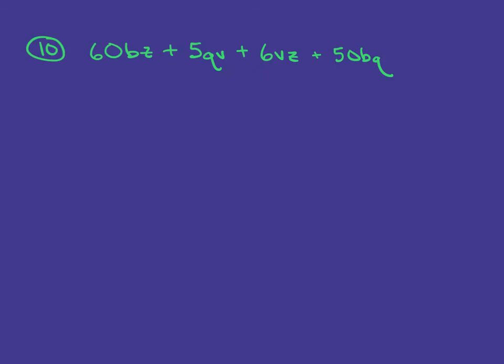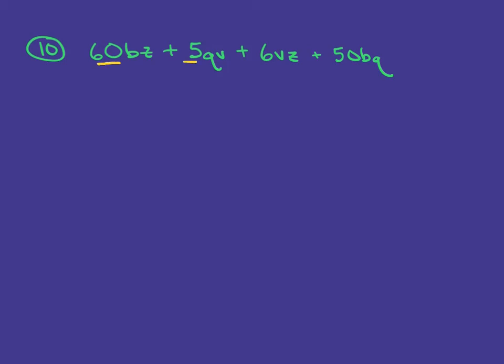Number 10, 60bz plus 5qv plus 6bz plus 50bq. One thing you want to be aware of while you're doing these factor by grouping ones is sometimes they'll give you some numbers like 60 and 5.